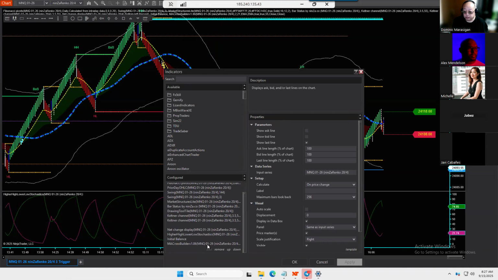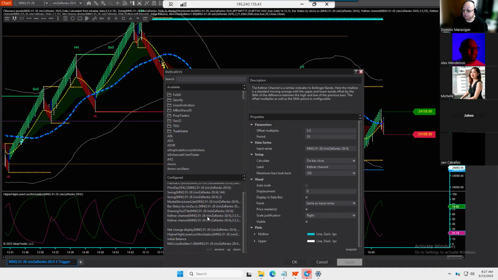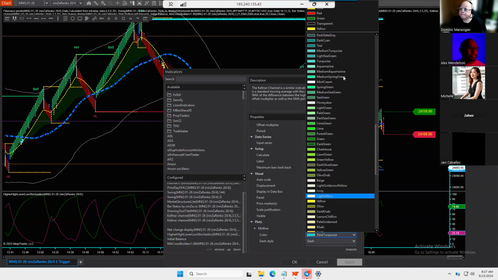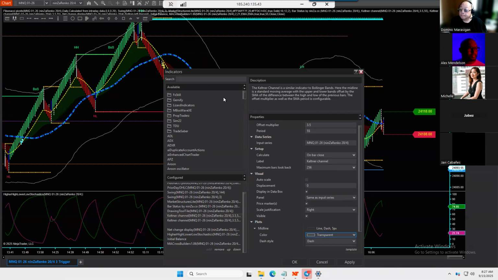So this is the Keltner channel right here. Let's say I get rid of this. What I do is this: the midline, I make that transparent. This one I make transparent as well.